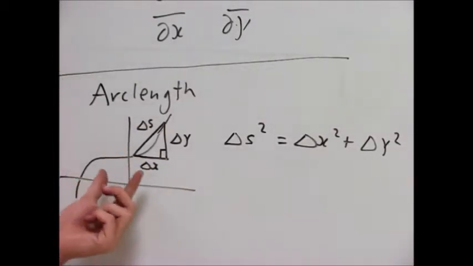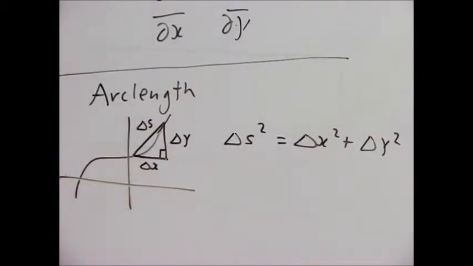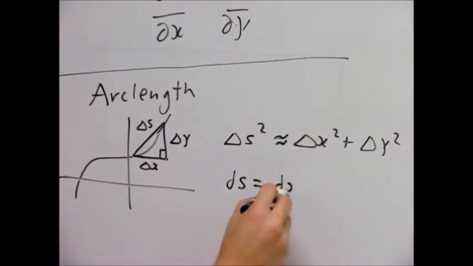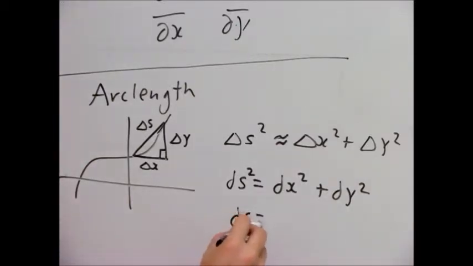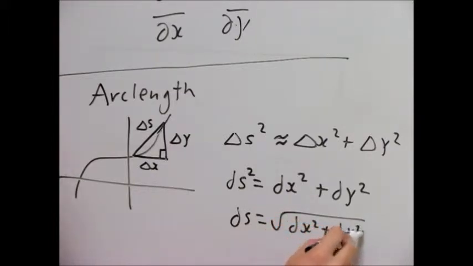And then as we get smaller and smaller, the approximation gets better and better, so we get the exact formula: ds squared equals dx squared plus dy squared, or ds equals square root of dx squared plus dy squared. And this, of course, can be done in terms of a variable t as well.